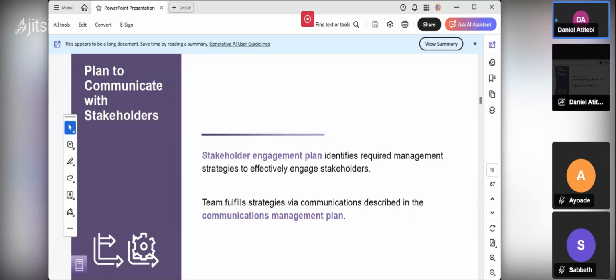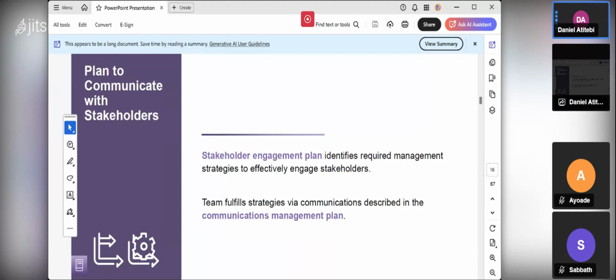Any way you think will help you to manage them effectively, you put that information inside the stakeholder engagement plan. How best to engage them effectively so that they can cooperate with you, support you, assist you, and you and them can be on the same page. All the information about that, you put inside the stakeholder engagement plan.